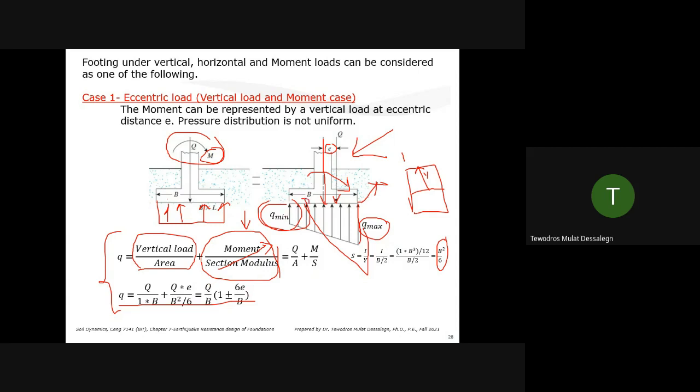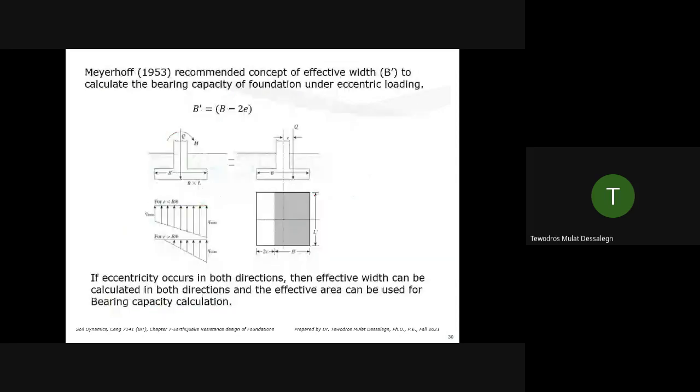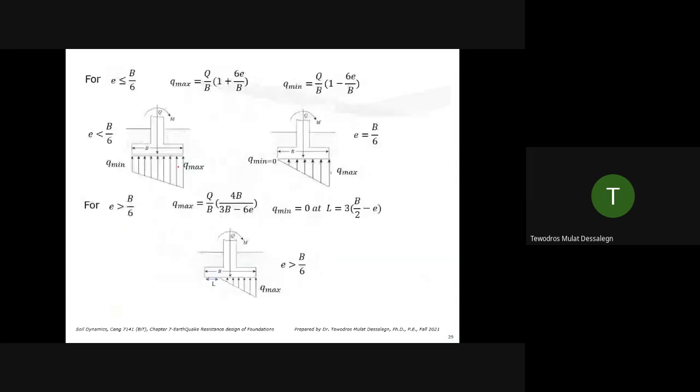Depending on this, you can have separation. We call it uplift separation, right? During the shaking, the foundation is moving sideways. It may not be observable to the eye, but the stresses vary right here. If you have a computer model, you can magnify it and see it. So you can have different cases.